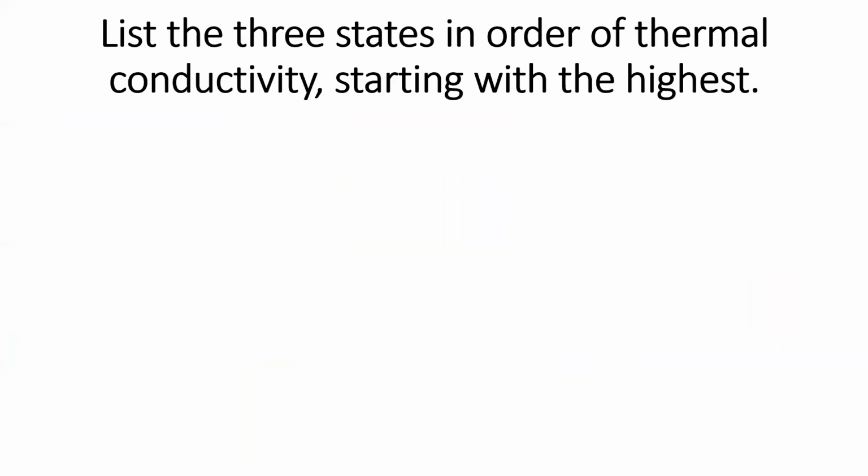So, could you list the three states in order of thermal conductivity? So which one is the best conductor and which one is the worst conductor? I'd like you to start with the highest.